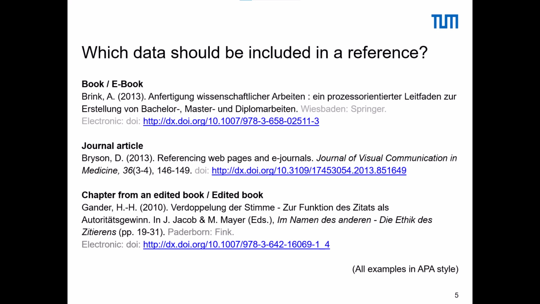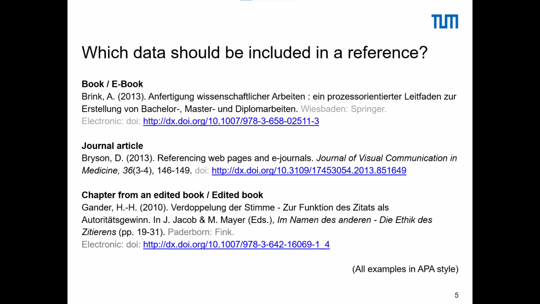That's very often the title, and sometimes we have further information about the reference type. For example, when we have a website or a blog entry or some kind of not very common source, then we sometimes have, apart from the title, also information about the type of reference we are dealing with.